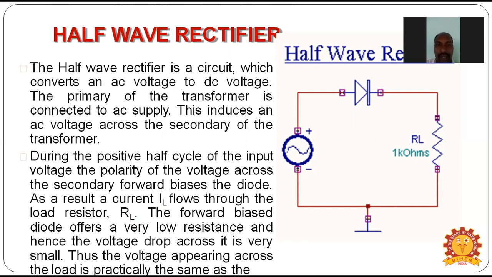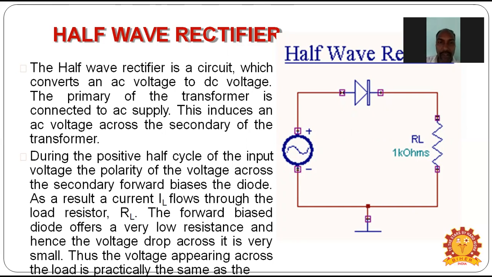During the positive half cycle of the input voltage, the polarity of the voltage across the secondary forward biases the diode. As a result, current IL flows through the load resistor RL.